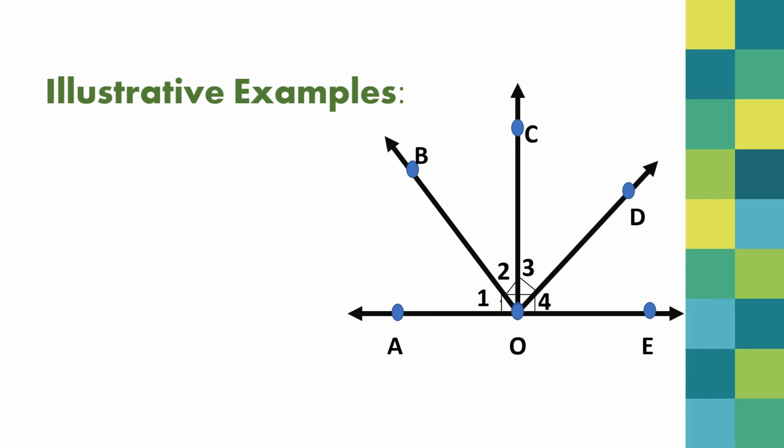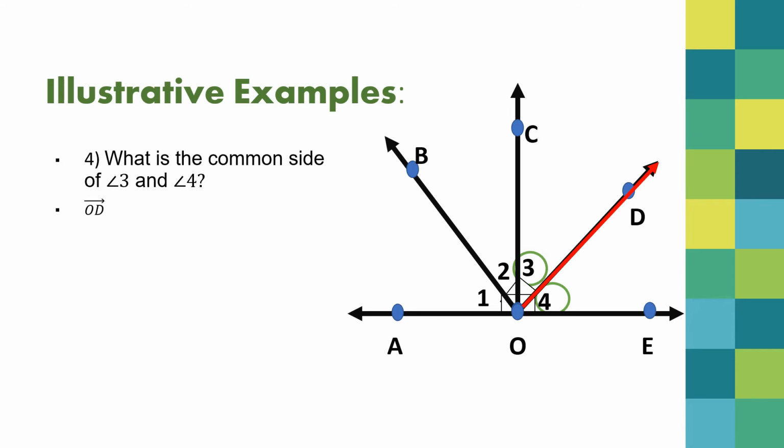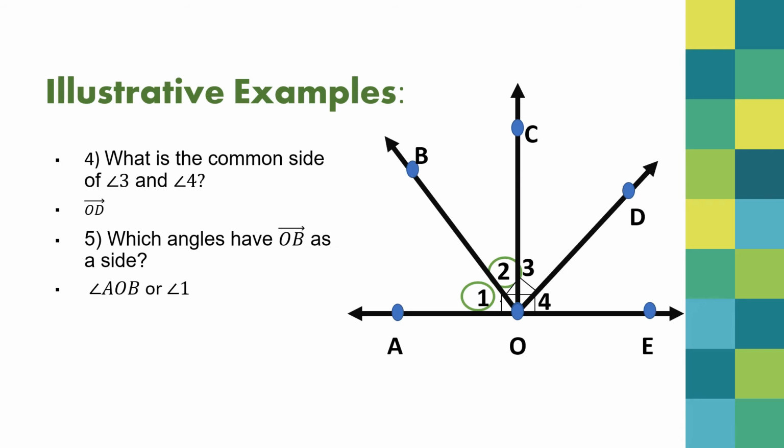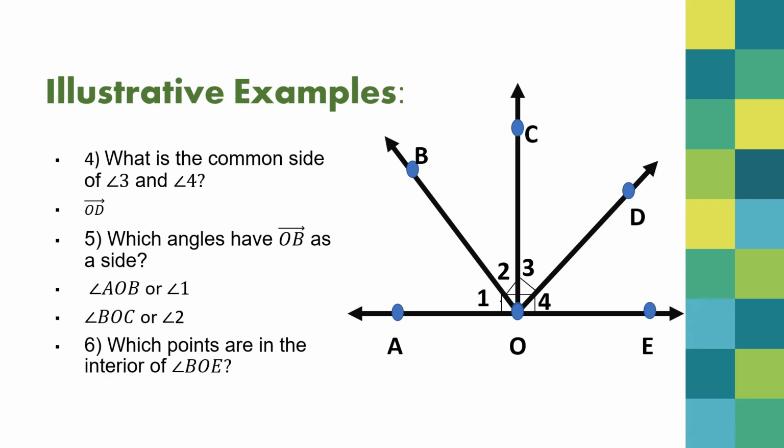Number 4. What is the common side of angle 3 and angle 4? Correct. It is ray OD. Number 5. Which angles have ray OB as a side? That is right. It is angle AOB or angle 1 and angle BOC or angle 2. Number 6.